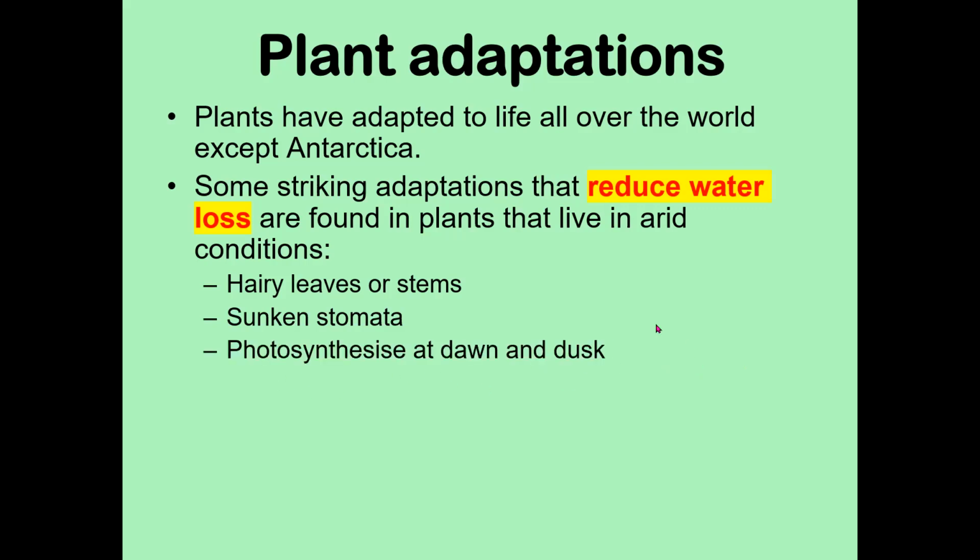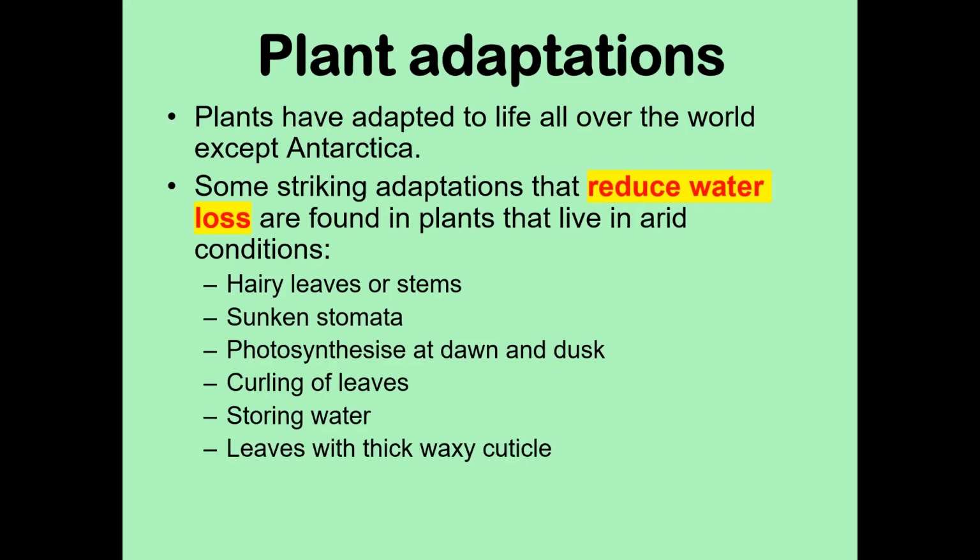They photosynthesize at dawn and dusk, as I mentioned, in very arid areas, again, to reduce water loss. The curling of leaves where the stomata are within the curl, so that reduces water loss. They actually store water. They have developed thick, waxy cuticles on their leaves to stop water loss just generally through the surface without anything being open. And there are leaves that track the sun to reduce overheating.